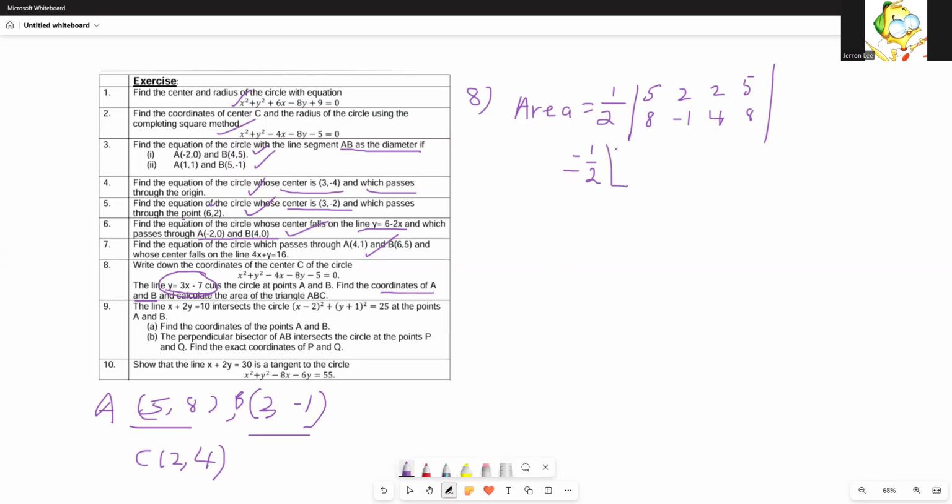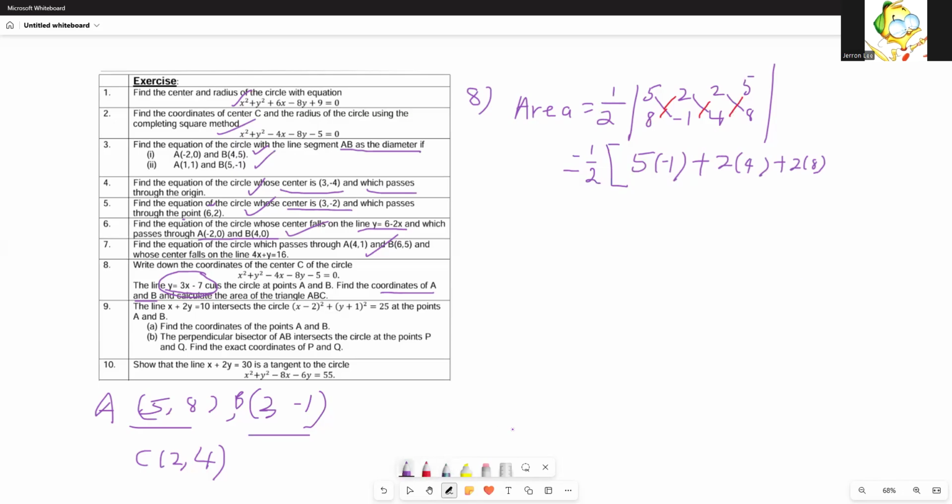So very firstly, let's go for this. Now you have to multiply these over here. That will be 5 times negative 1, plus 2 times 4, plus, catch this, 2 times 8. Now, after that, you are going to subtract. Subtract what, you might ask me. All this must be subtracted away.